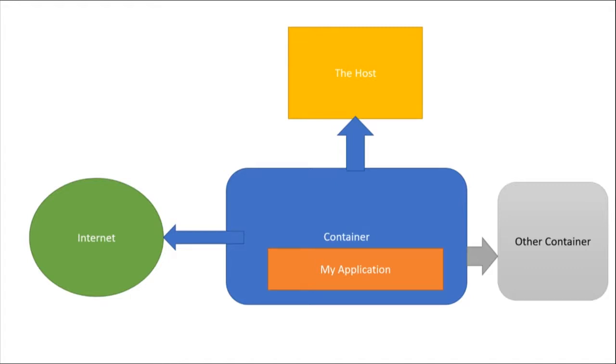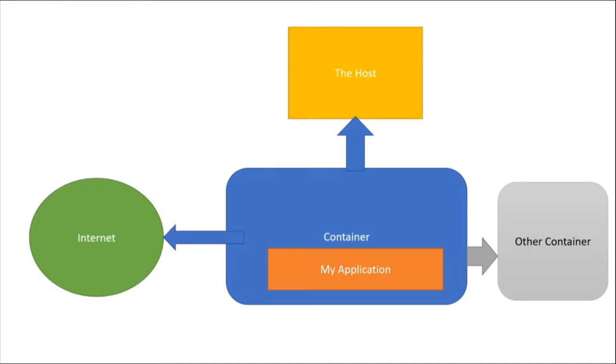Now these containers, as we know, all computer programs serve a specific purpose, so they need to interact with the outside world. This interaction can broadly be classified into three areas. It interacts with the internet, that is the World Wide Web.